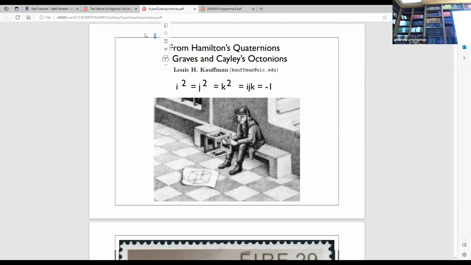The point is that the quaternions can actually be placed directly in your hand. If I take my arm and point it, I'm going to ask you to do this in a moment, but you might as well just watch me. I put my hand forward, and I say that i will be a rotation of 180 degrees around the axis going straight out of my body.